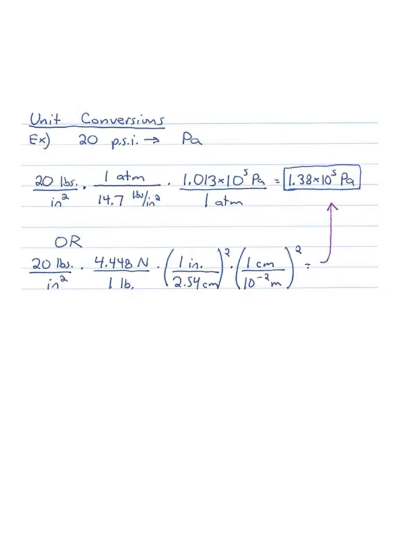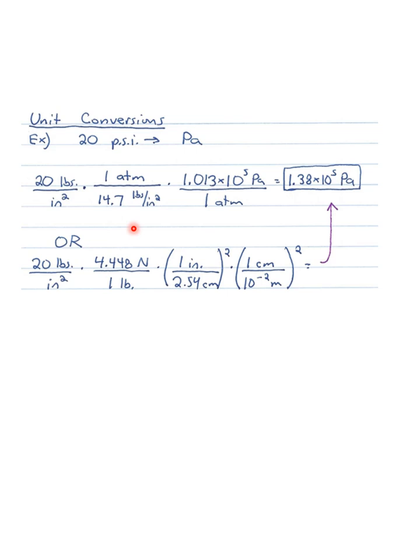Let's talk about these unit conversions in case you need to convert between pounds per square inch and pascals. So let me take you through this. We have 20 psi, but remember in proper unit notation, that is pounds over square inches. And if I want to get that to pascals, which are the metric units, I will first convert that, since 1 atmosphere is equal to 14.7 pounds per square inch.